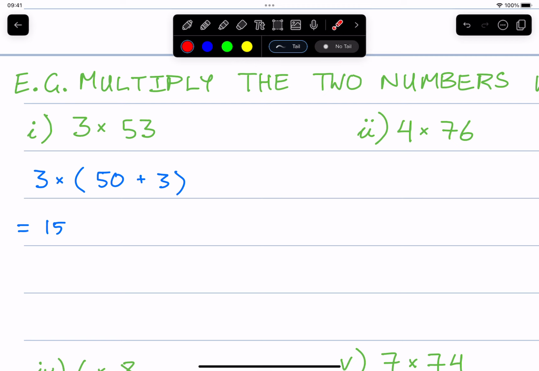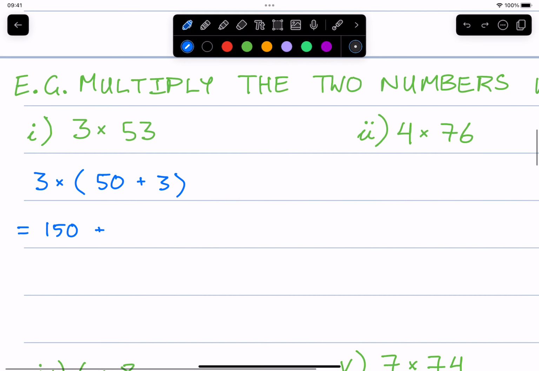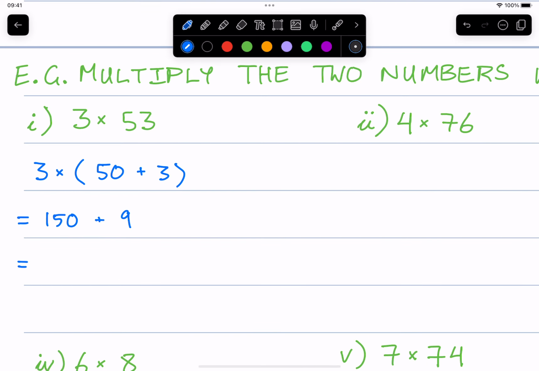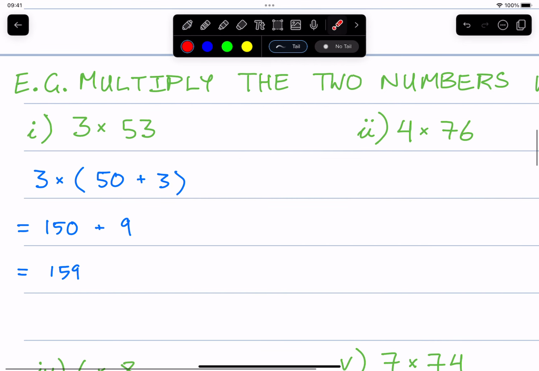Well, 3 times 50 means that there's just going to be another 0 added to it. And then we do 3 times 3, which is 9, and plus 9, it's going to be 159. So notice how we're really imagining this into the two place values as that it is. It's 50 and 3 as a unit.